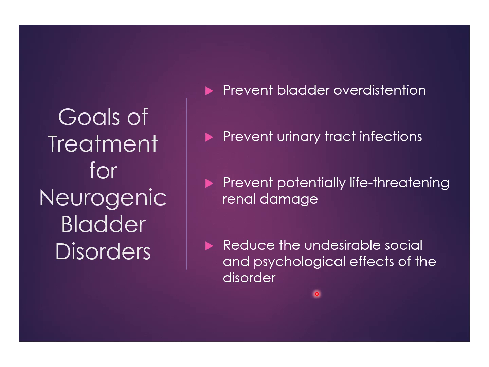And we also want to help reduce the undesirable social and psychological effects of this disorder, either from spastic bladder that would cause constant emptying of the bladder, or from flaccid bladder, which might cause things like overflow incontinence. All of these need to be managed.